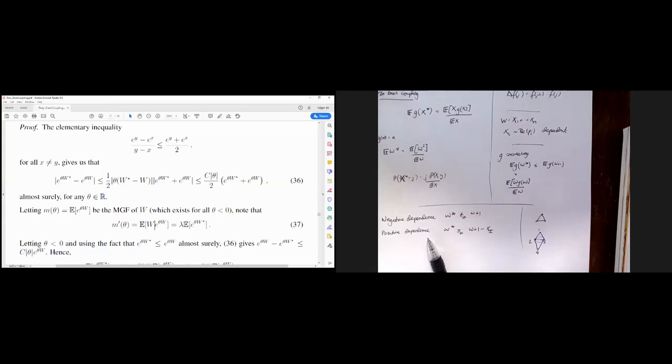By using some inequality to do with my exponentials, I can write down an inequality for the difference between e to the power theta of my size bias version and e to the power theta of my original W, and bound that in terms of the sum of those two exponential terms.